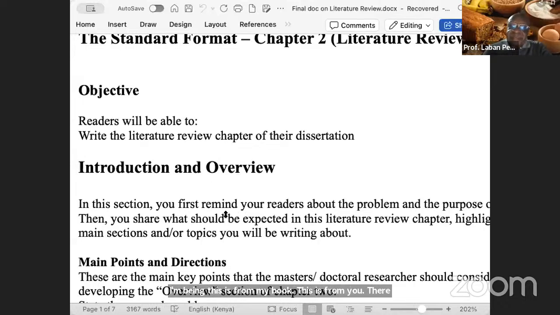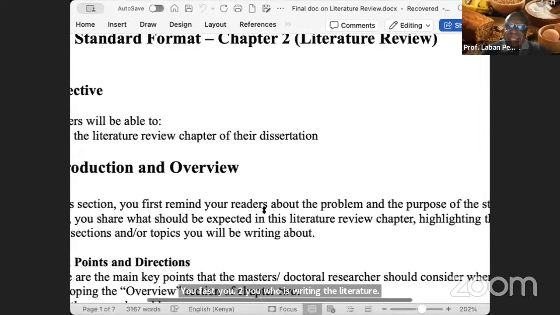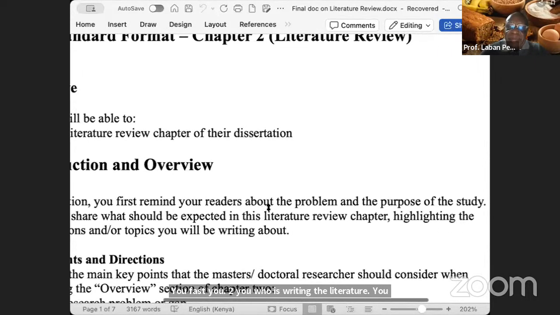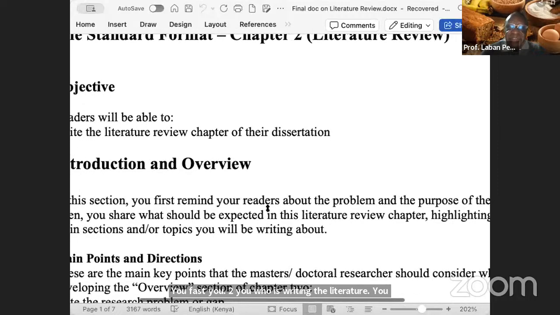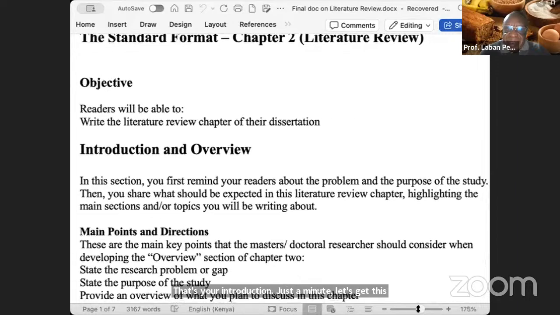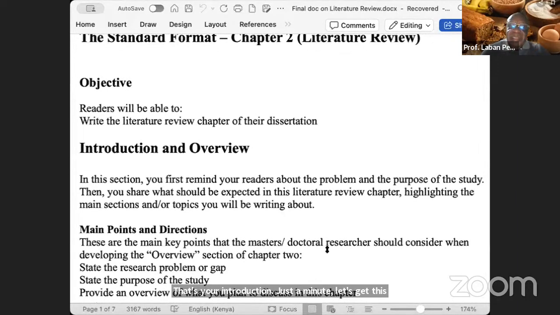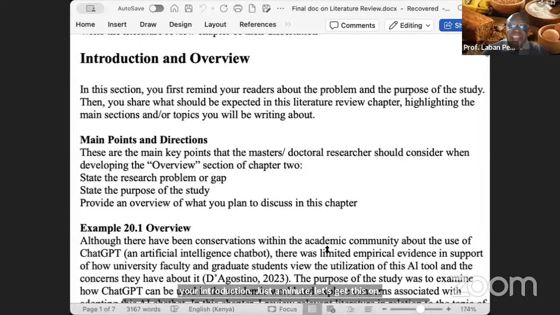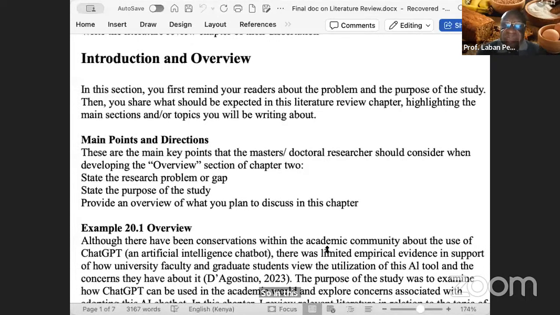In this section, you, who is writing the literature review, first remind your readers about the problem and the purpose of the study. That is the introduction and overview.